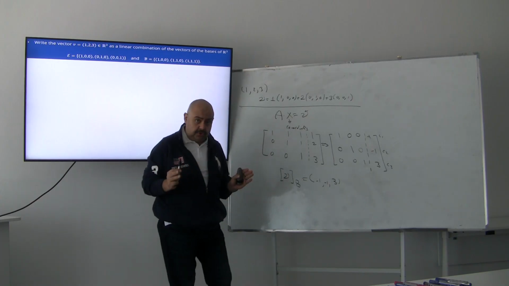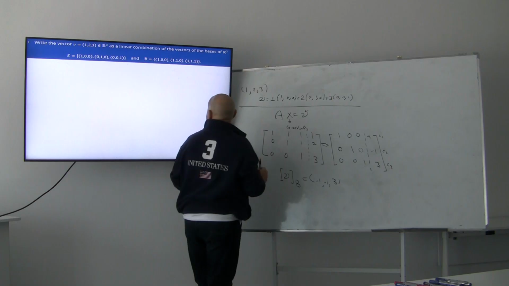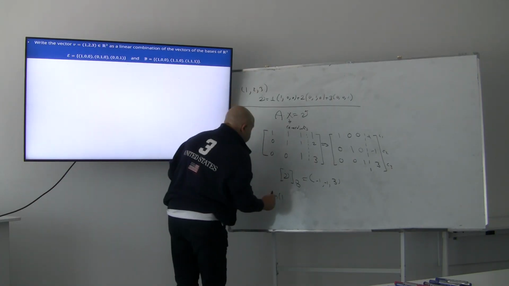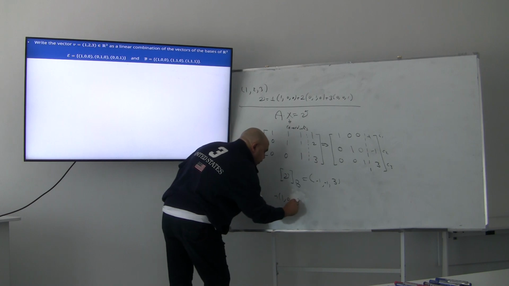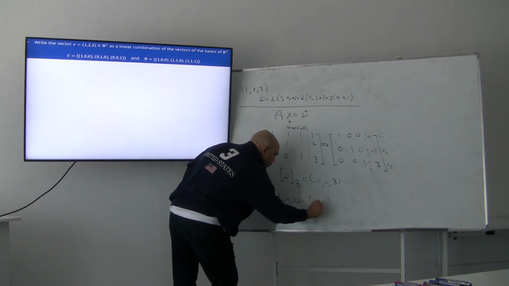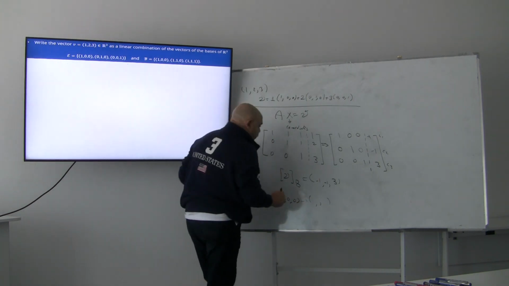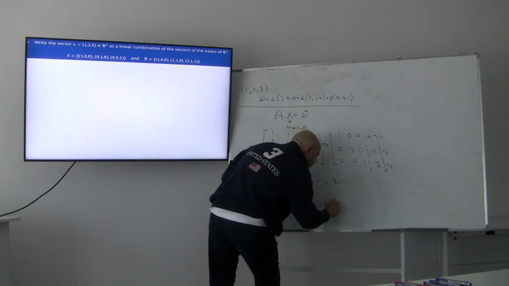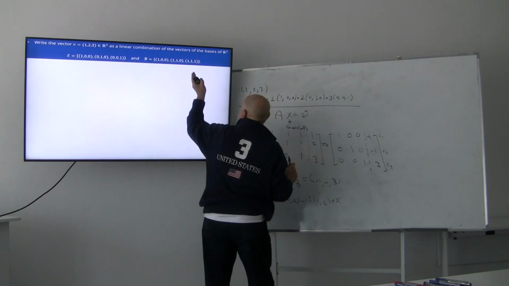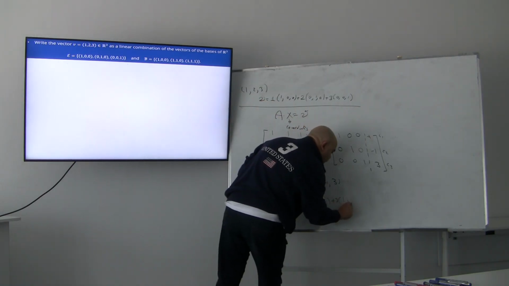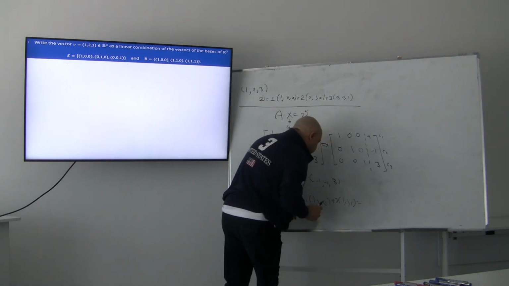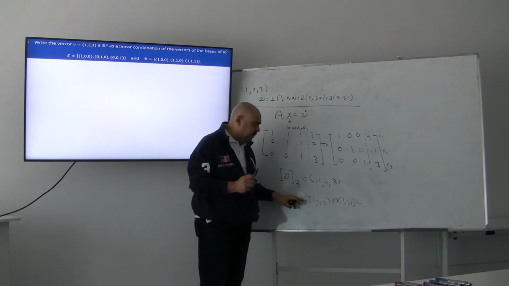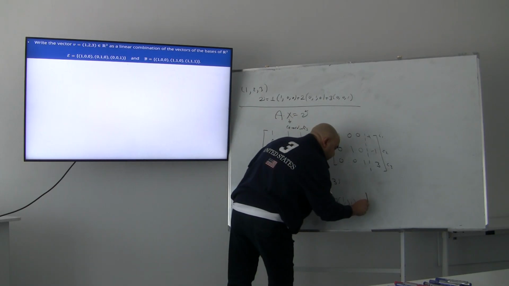It's very simple to show that. I will write -1 times 1, 0, 0, minus 1 times the second vector, which is 1, 1, 0, and finally plus 3 times the vector 1, 1, 1. The first component is -1, -1, -2, plus 3, so it's going to be 1.